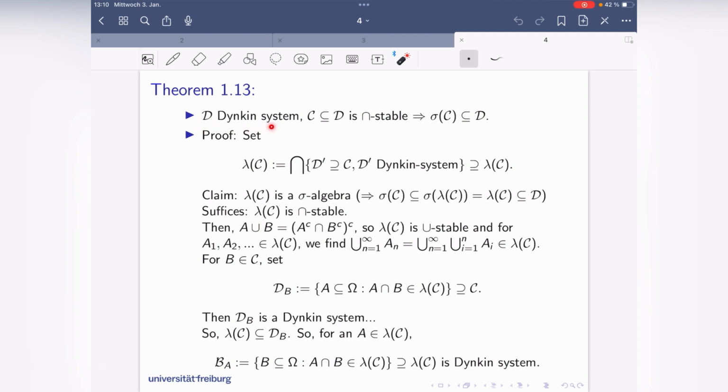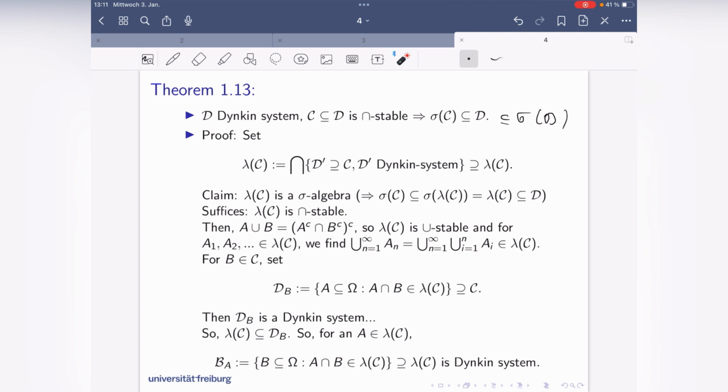I have a Dynkin system D, and I have any intersection stable system C here, then sigma of C, the sigma algebra generated by C, is part of D. And of course, what I do not have to mention is that this here is part of sigma of D. So if C equals D, when you apply this here, then sigma of D is a subset of D, and D is a subset of sigma of D, then D equals sigma of D, which means D is a sigma algebra, because sigma of D is a sigma algebra.